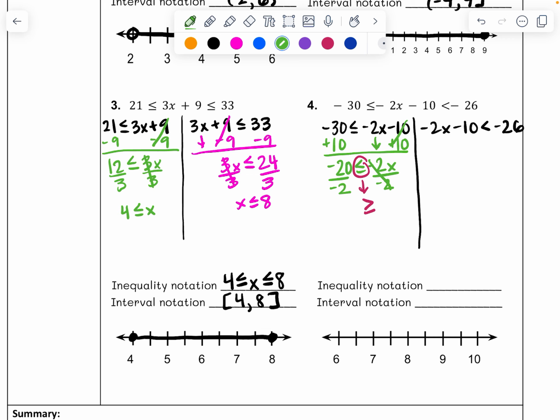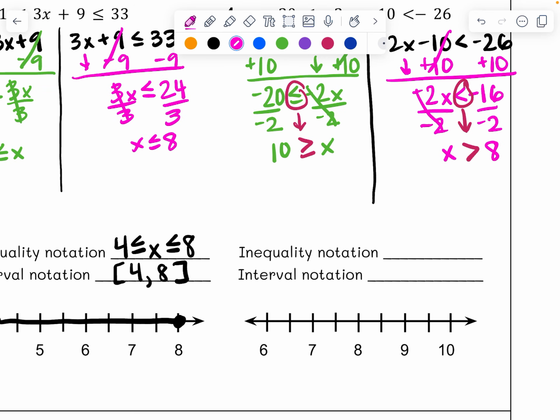And I have positive 10 is greater than or equal to x. On the right, add 10. -2x is less than -16. Divide by -2. Again, I have to flip that sign. X is greater than positive 8.